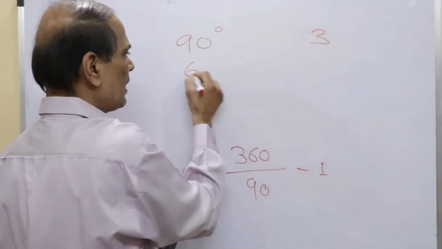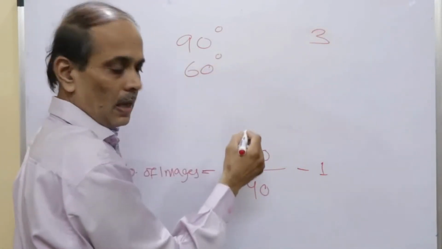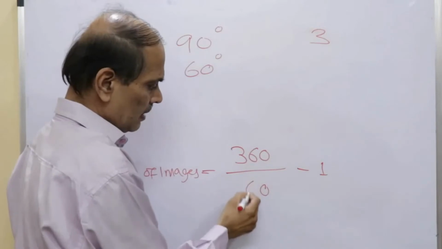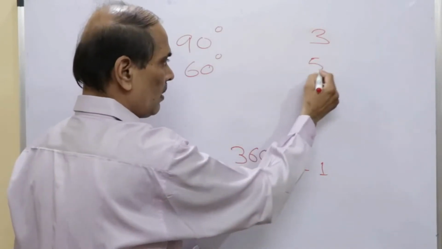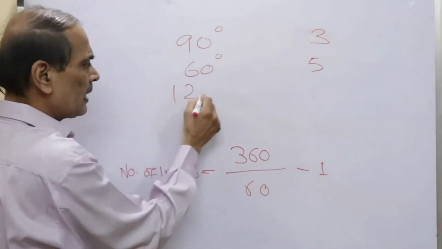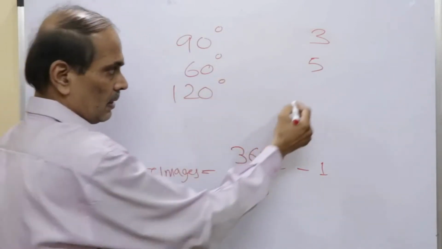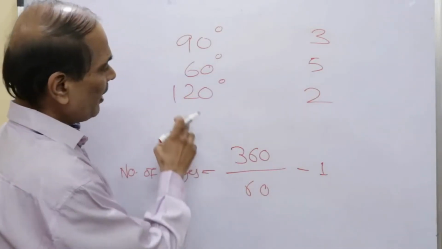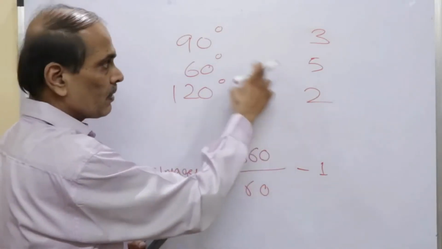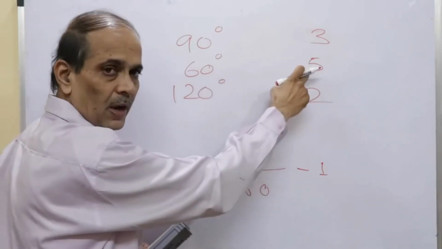If I take 60 degrees, again 360 divided by 60, the answer is 6 minus 1, which is 5. If I take 120 degrees, the answer will be 2 here. So you can easily find out that 120 degrees had 2, 90 had 3, 60 had 5.